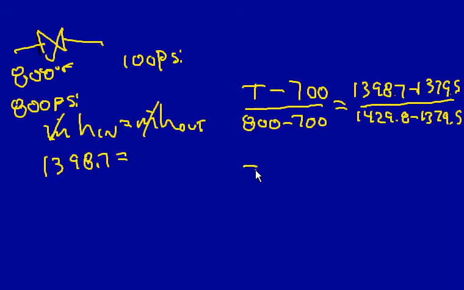Should be able to interpolate that fairly quickly, and when you do, it comes out to a T between 700 and 800 of 738 degrees Fahrenheit. So that takes care of question number 2.